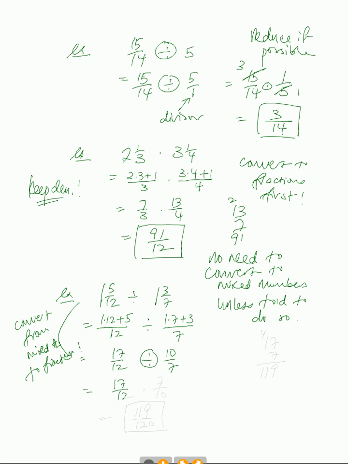So remember the rule, you have to keep the first fraction and flip over the second fraction, which is what I just did. Now again, we're looking for pairs and it doesn't look like there is anything we can simplify. So 17 times 7, what is this, 49? So it's a 4 and it's 11. So this comes out to be 119. And 12 times 10 is 120, and that's it.